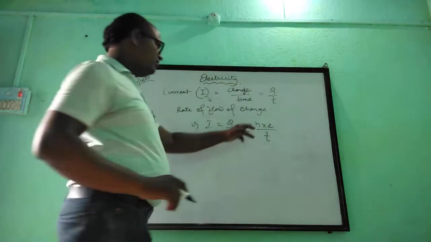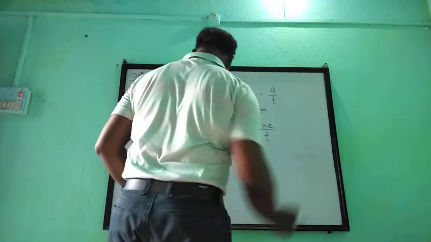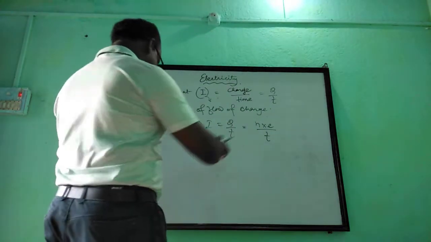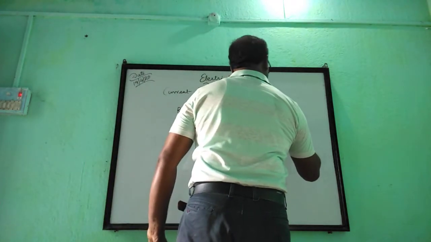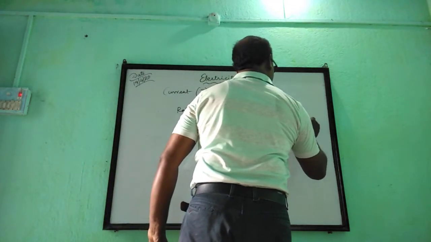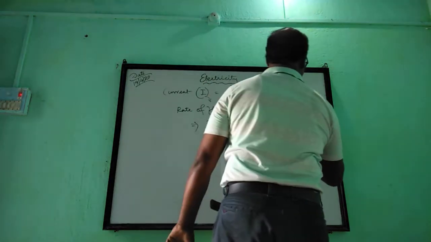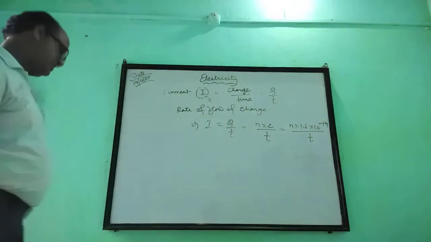then total charge equals n into E. E means electron and n means the number of electrons. That is why I equals n by T, or we can write it in this way, by T. This is the positive charge, 1.6 into 10 to the power minus 19.